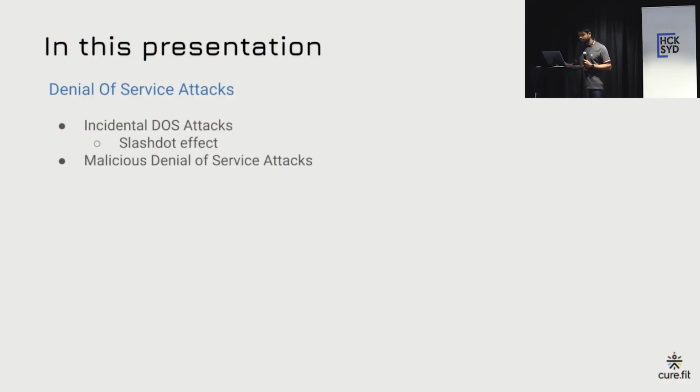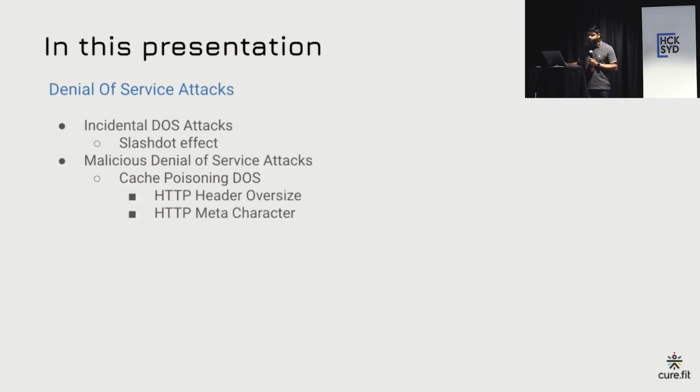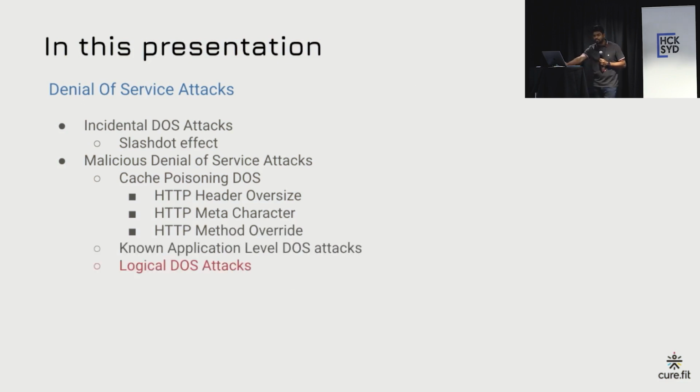Then we'll cover the malicious denial of service attack, which is done intentionally by the attacker. And we'll talk about previous research as well, like cache poisoning DOS attacks, in which we cover HTTP header oversize, then meta character, then method override, and some known application level DOS attacks. Then we'll come to the main topic, that is logical DOS attacks and its case studies. Then we'll see the defense strategies.